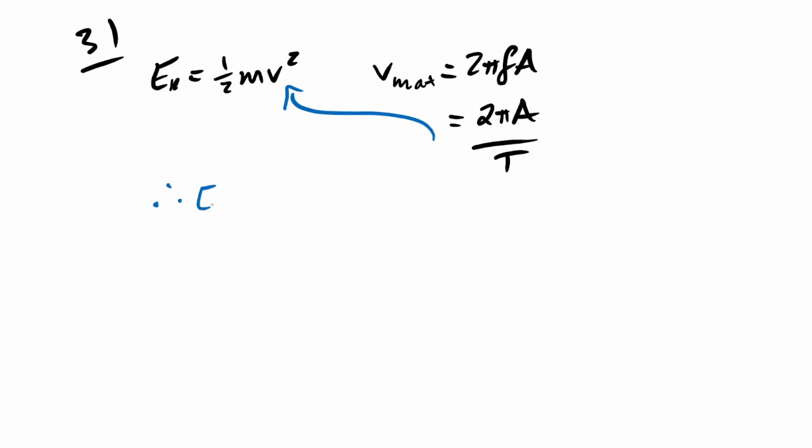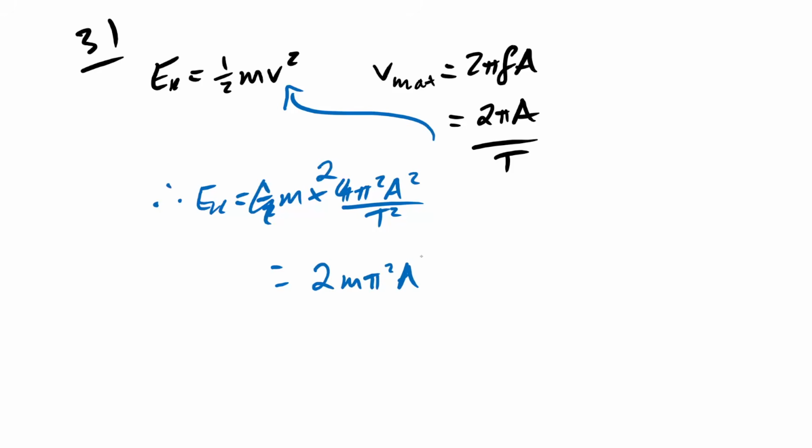So therefore, EK is equal to half m times 4 pi squared A squared over T squared, and a half and 4, that just ends up being 2, so it should be 2 m pi squared A squared over T squared, and so our answer looks like it's going to be D.